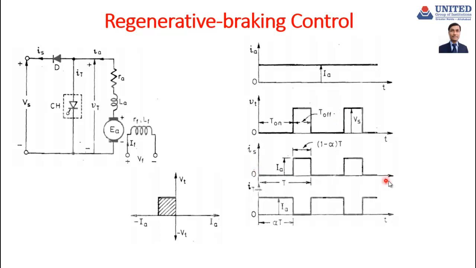And this is the waveform of supply current, where again during the turn on time the source supply current will be 0, and during the turn off time of the chopper switch, supply current will flow. And this is the chopper current, which flows when the chopper is on, and during off this will be 0.